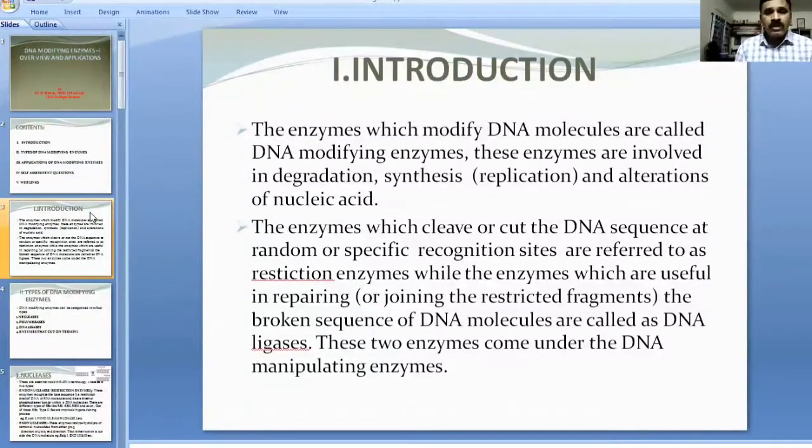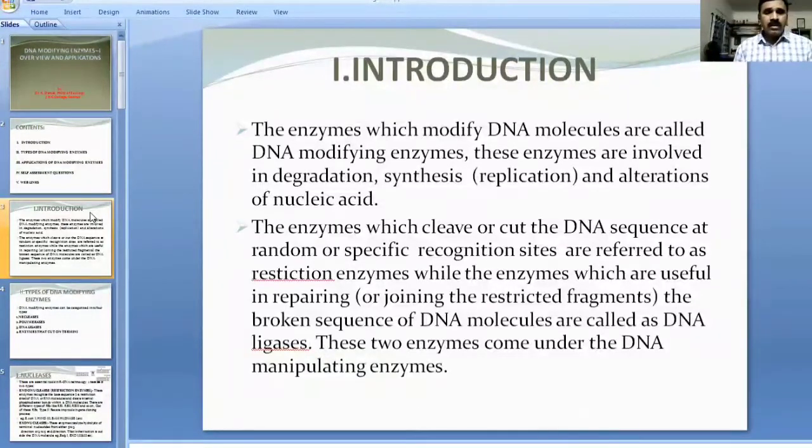First of all, the introduction of DNA modifying enzymes. What are the DNA modifying enzymes? The enzymes which modify DNA molecules are called DNA modifying enzymes. These enzymes are involved in degradation, synthesis, that is the replication, and the alteration of the nucleic acids. So there are three important functions of these DNA modifying enzymes.